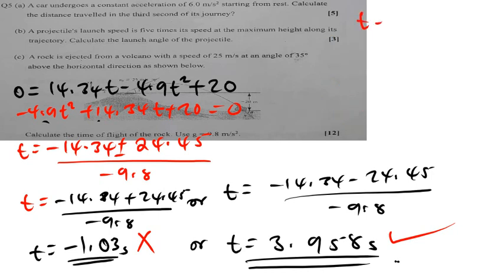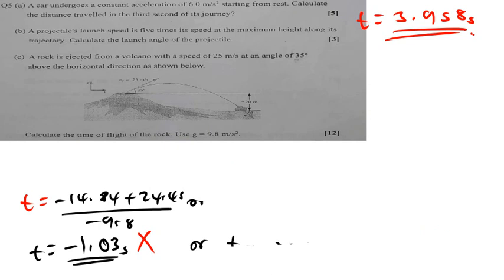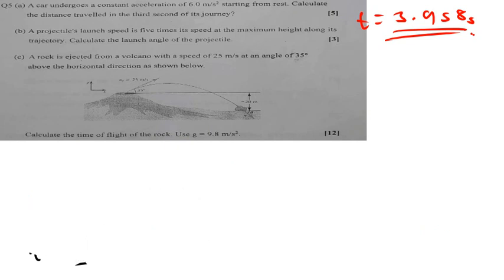So we are saying T will be equal to 3.958 seconds. Let's get rid of this. Another approach: I can get it in a way that this is more like the third trajectory.